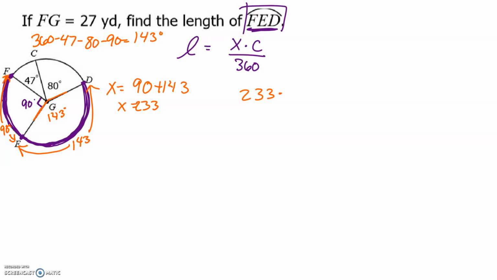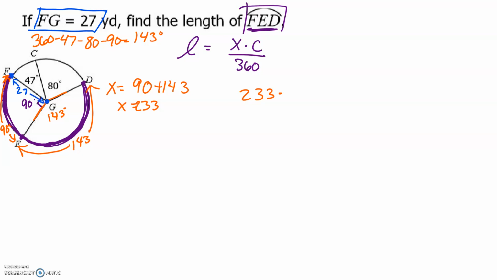Our circumference on this one, we kind of skipped over it. Sorry about that. Let's try blue. Okay, FG. So we know from F to G, which is on the inside, it is another radius. If we were given the diameter, we could use the formula for diameter.